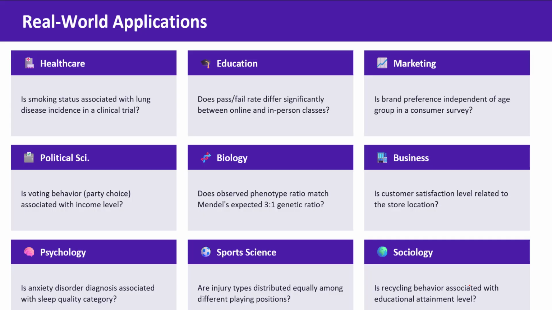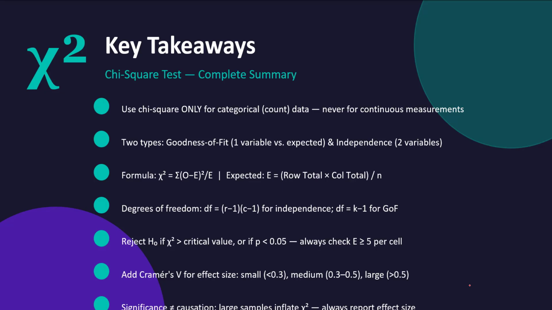So those are the real world examples, and you can apply this method to these different fields and get some meaningful outcomes out of it. So, key takeaways, a quick summary: use the chi-square test only for categorical data, never for continuous data. Two types: goodness of fit test, one variable versus expected, and test for independence, two variables.